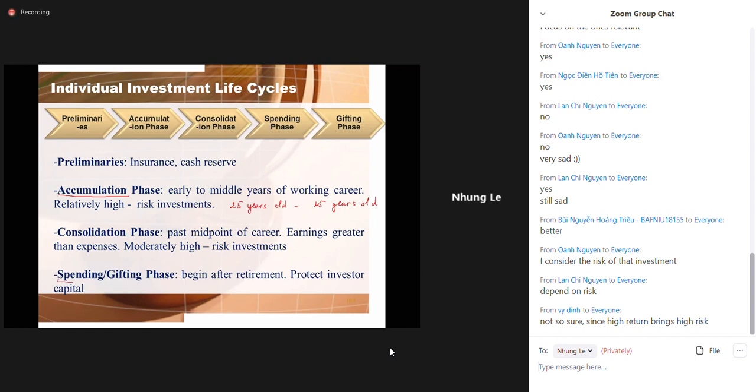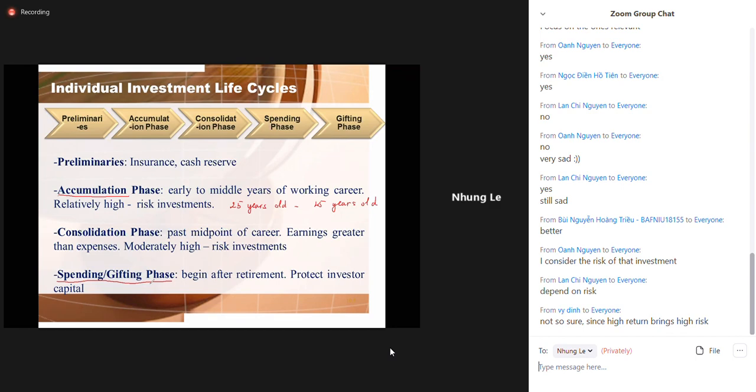Okay, and now we also see the spending or gifting phase. It means that in this phase, people don't have to worry so much about their life, right? Because they have already accumulated a lot of capital. But in this case, their health does not allow them to take very risky investments. And in the future, if you are a fund manager, this is your job.